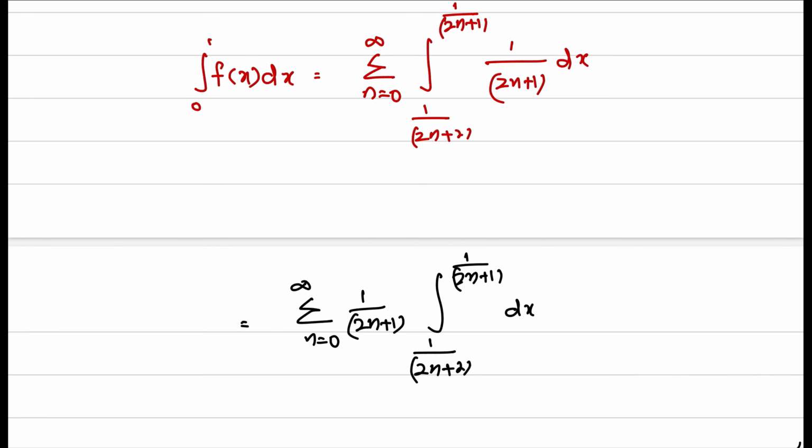What is the integral of dx? It is equal to x. Please remember this. Integral of 1 dx is equal to x.